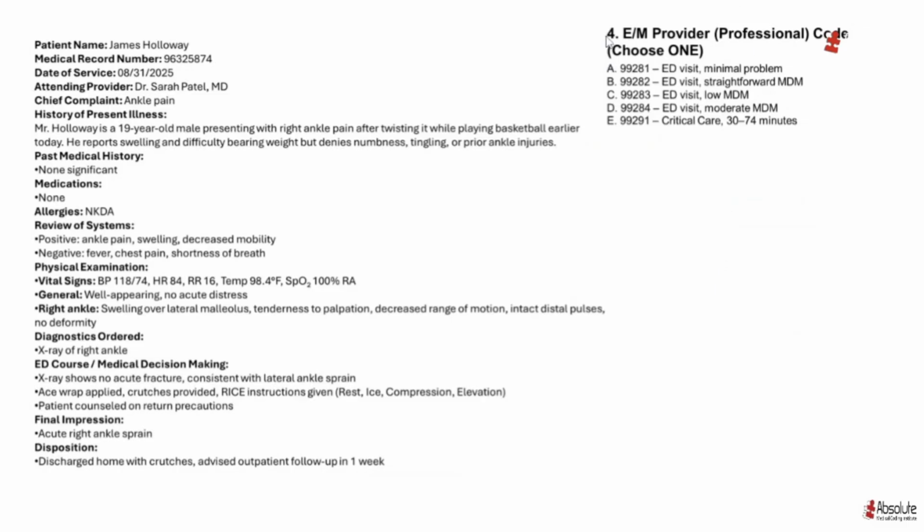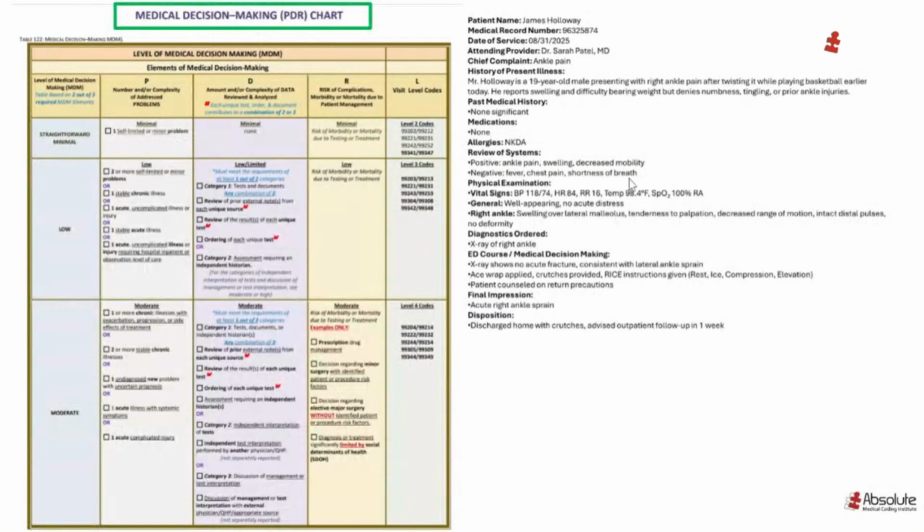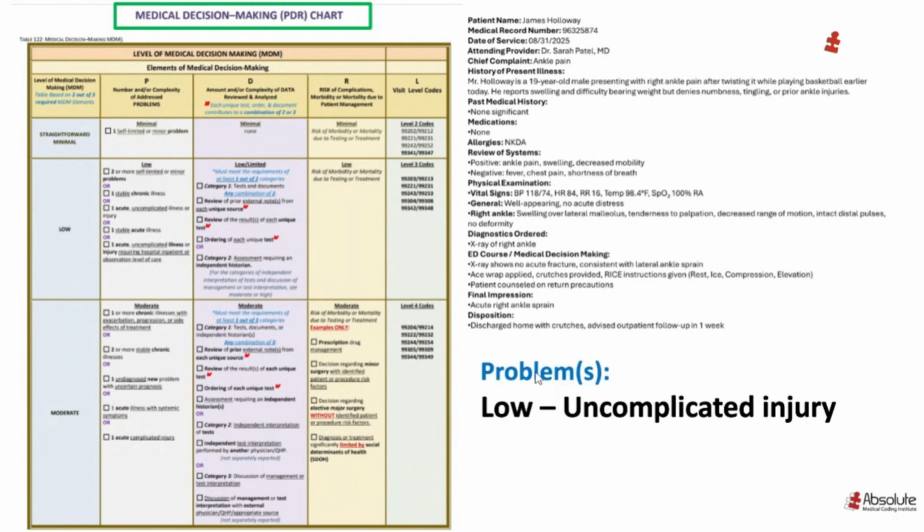Now we have to figure out the E&M, the professional code, so that we can figure out the facility, right? So let's go ahead and determine what the problem is. He's got a sprained ankle. This is a low acute, uncomplicated illness to me. Sorry, this is off.